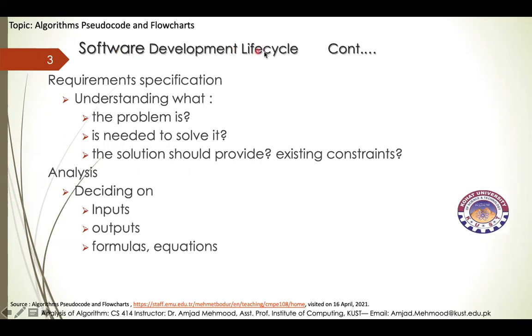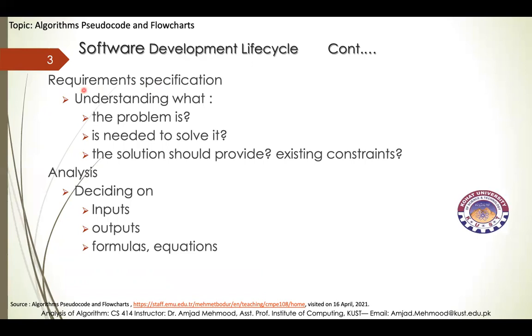So software development life cycle. You have studied software development life cycle or SDLC in software engineering. The first part of SDLC is requirement specification. So why we need requirement specifications?